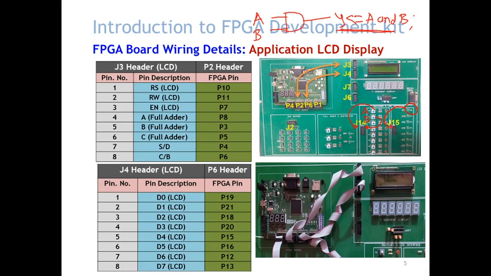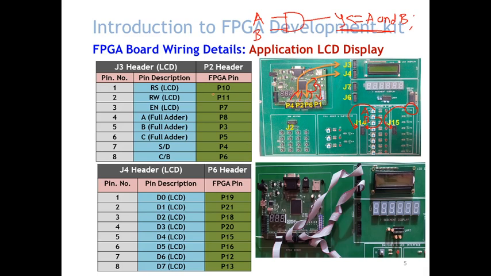Now if we connect this J14 header with the P1 header, then it will connect to the FPGA's internal signal. Similarly, some of the pins of the FPGA are also routed to the header P1, header P6, header P2 and header P4.